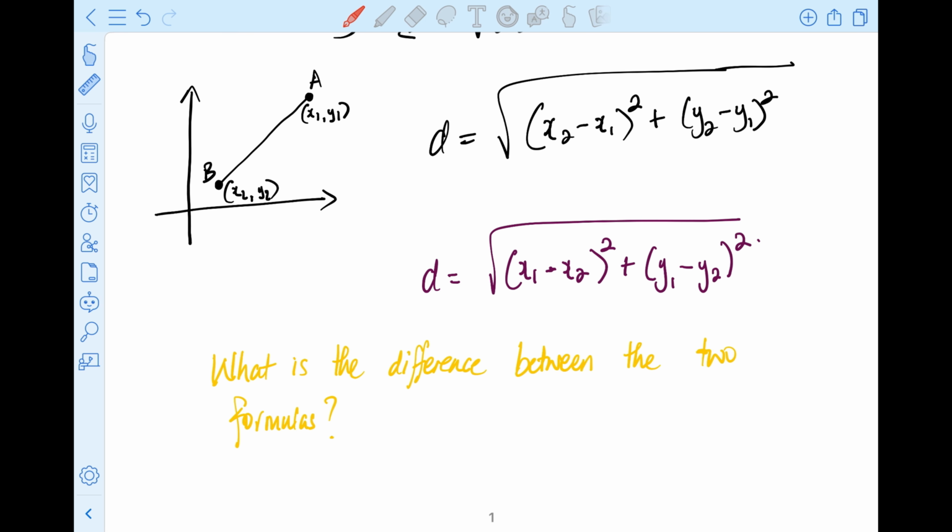Now, the distance formula, how I would say it, is that the distance formula is simply the Pythagorean theorem on the coordinate axis. Instead of saying this is C, it's D for distance, right? Take a look at what I do here.